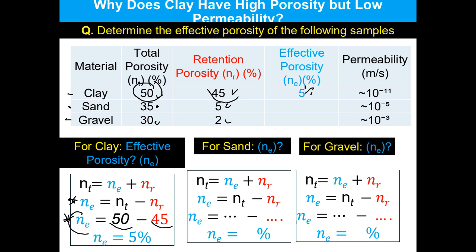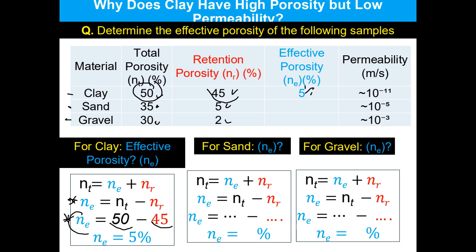Okay? So your turn now. Given this equation, given sand is 35% and retention 5%, what is the effective porosity? So what you should do, same thing again. All you have to do is follow this equation.